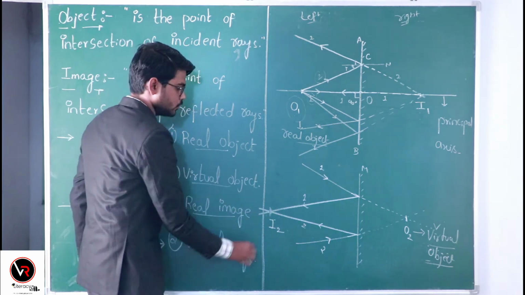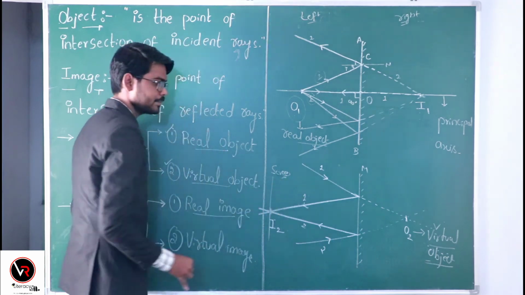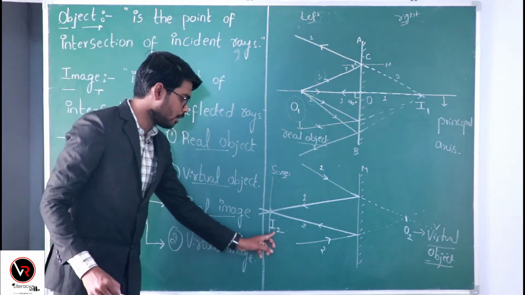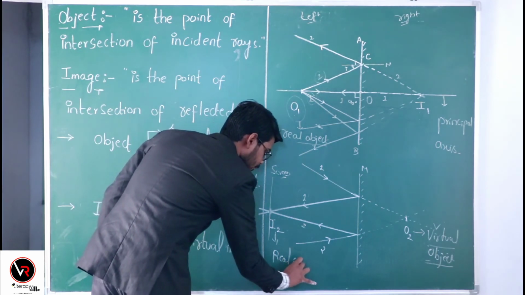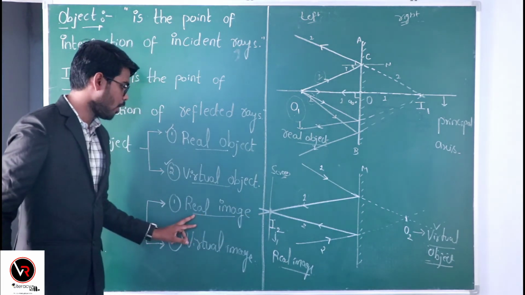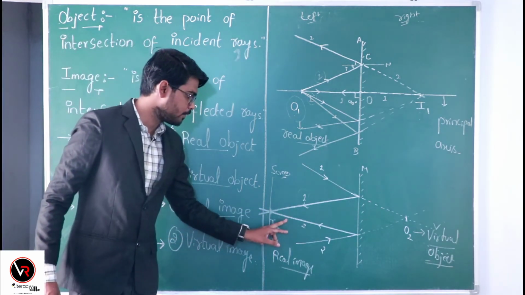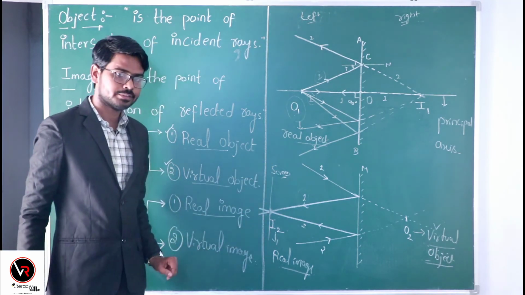When you place a screen here, you will get the image. So I call this I2 the real image. A real image is formed when the two reflected rays actually meet at a point on the screen.